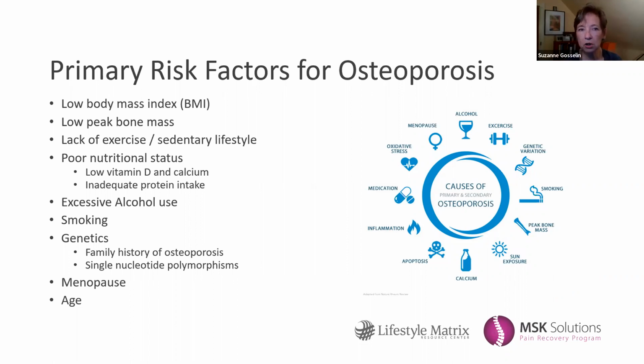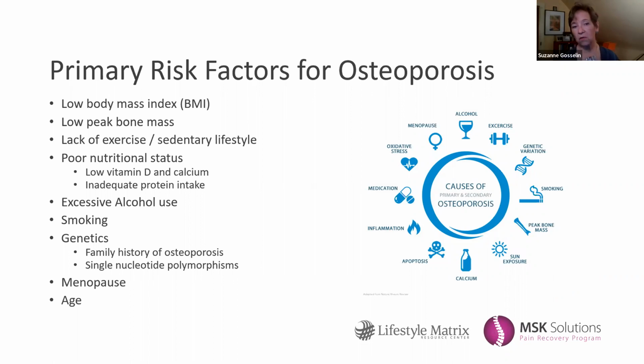We're well familiar with the lack of exercise or a sedentary lifestyle. Certain key nutrients, calcium, magnesium, D, K, as well as inadequate protein, we've already alluded to. Excessive alcohol use will also impact our bone health, as will smoking.